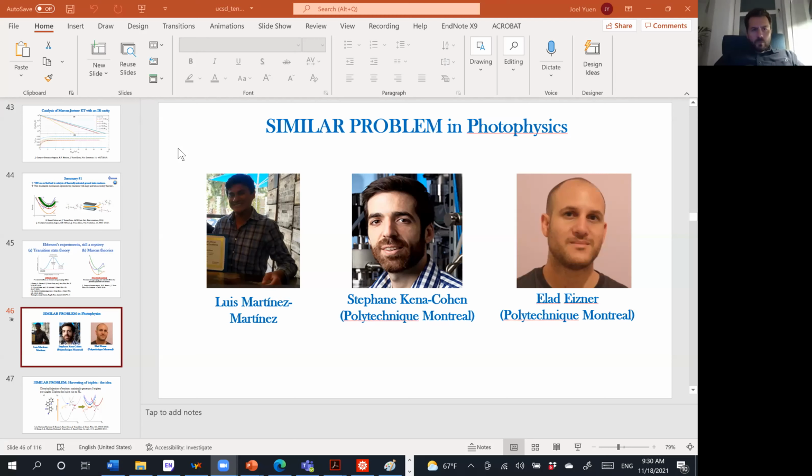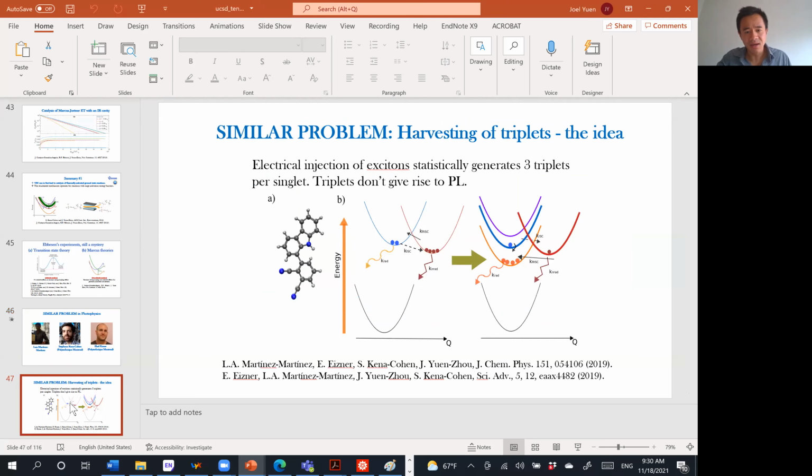Okay, so let me show you a problem that we worked on together with Stefan Kena-Cohen at École Polytechnique. So Stefan had this idea, and there are other people in the field that had this idea, that you inject electrons and holes inside an organic polymer, and you want the excitons that are formed to emit light, so as to serve as an organic LED.